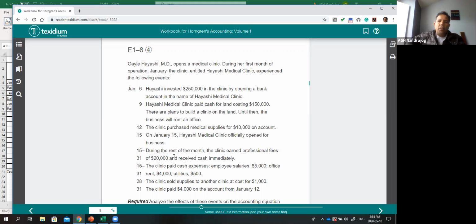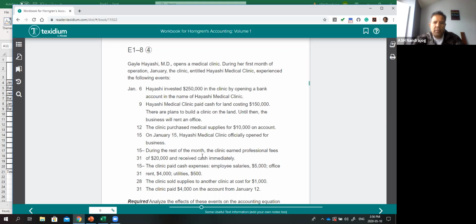It says, during the rest of the month, the clinic earned professional fees of $20,000 and received cash immediately.